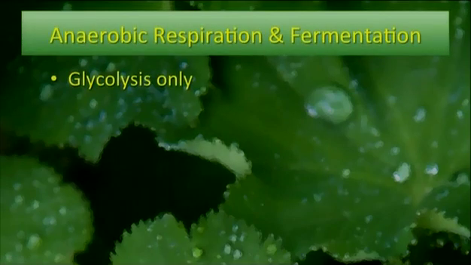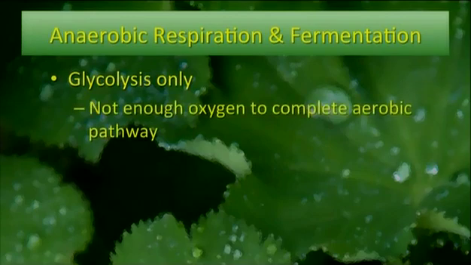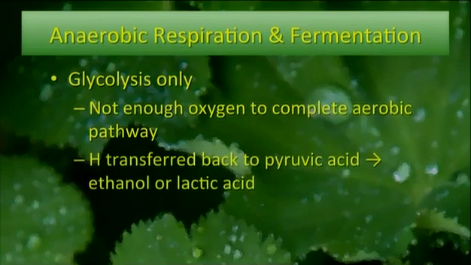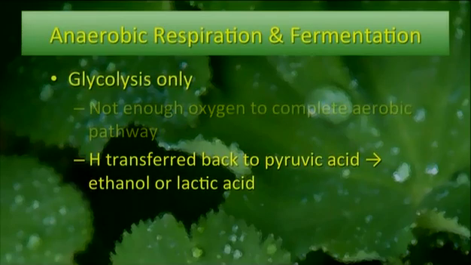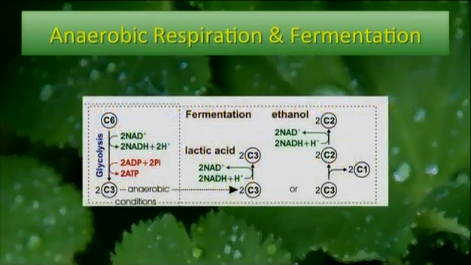So in anaerobic respiration and fermentation, we have glycolysis only. That happens when there's not enough oxygen to complete the aerobic pathway. So the hydrogen is transferred back to pyruvic acid to make ethanol or lactic acid, so either alcoholic fermentation or lactic acid fermentation. So you have C6, you have NADH, and it uses up all the NAD pluses.